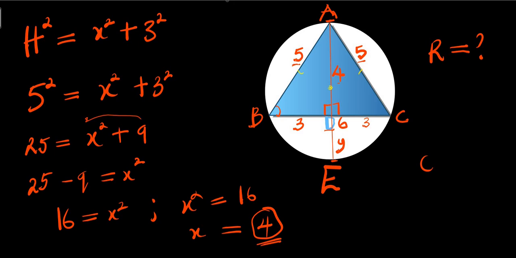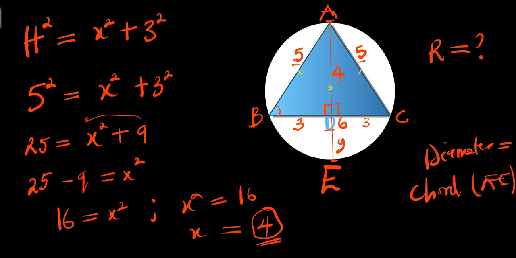So you can say that the diameter of a circle equals a chord that passes through the center of the circle. So this length AE is the diameter. If we can get this diameter, we are going to divide the diameter by 2 to get the radius. So remember, radius is diameter divided by 2.